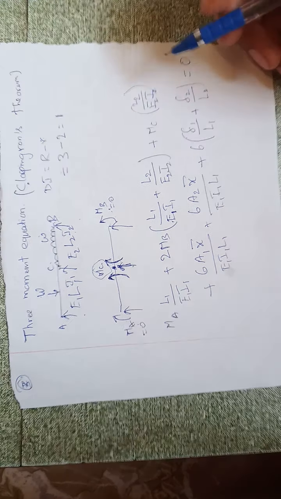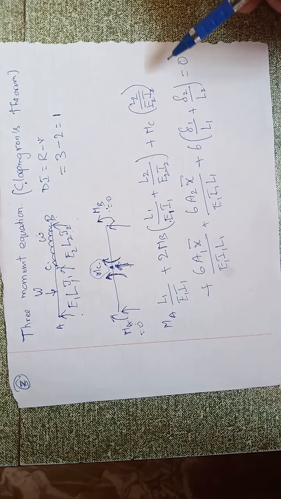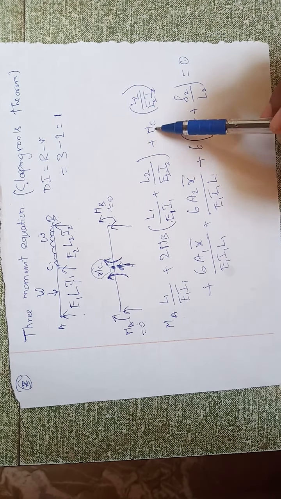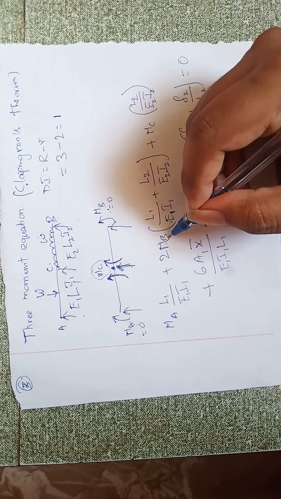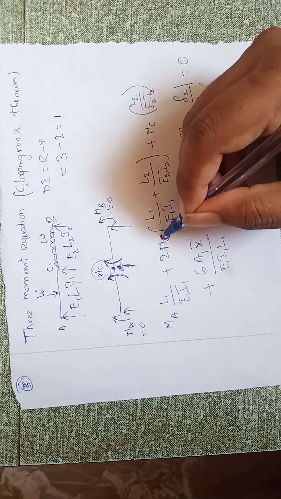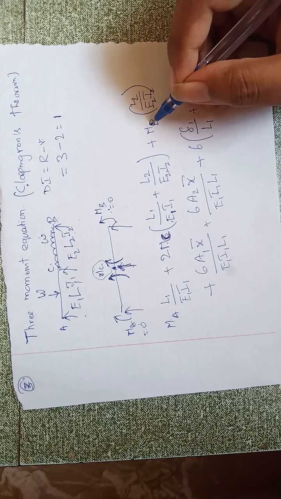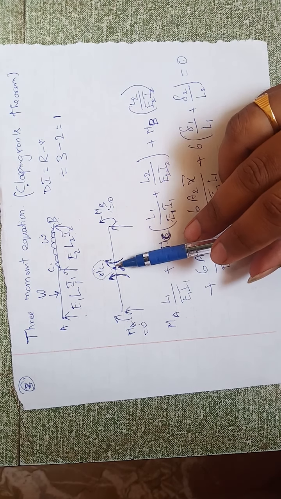So this is called the three moment equation. This is called three moment because it involves three moments. Sorry, this is MC here and this is MB here because we are talking about the C point.